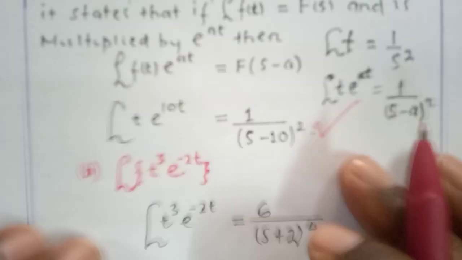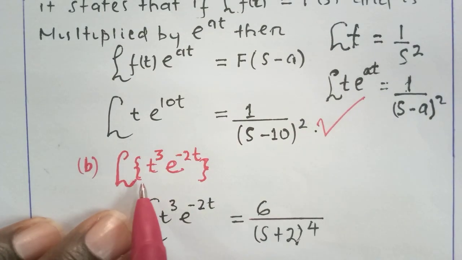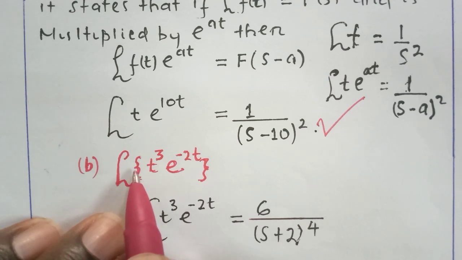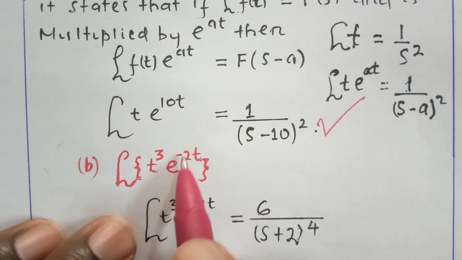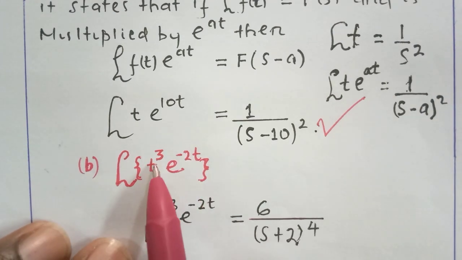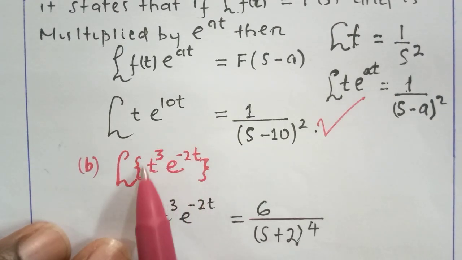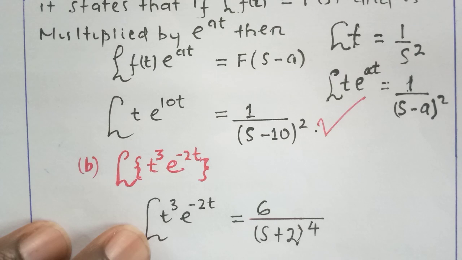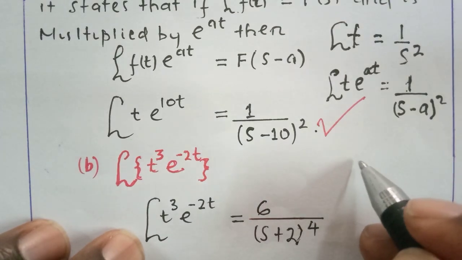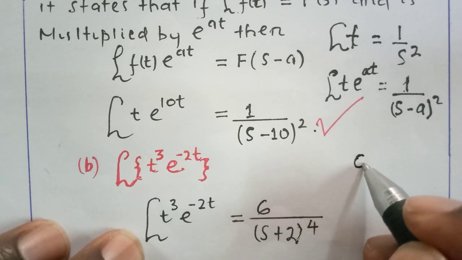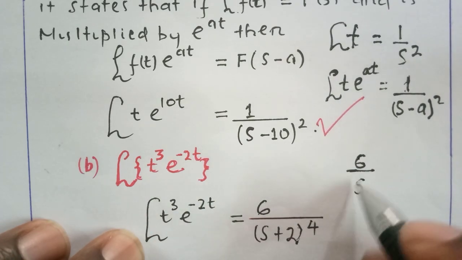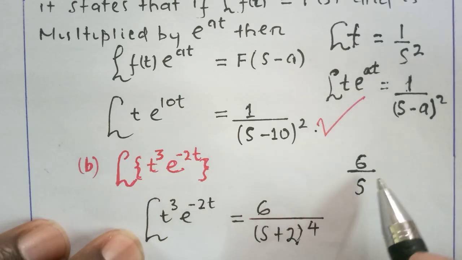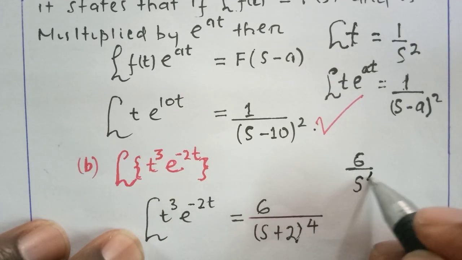Then we come to this other one, t cubed e raised to negative 2t. First of all, for t cubed, we know it's supposed to be 3 factorial, which is 6, all over s raised to 3 plus 1, which is 4.